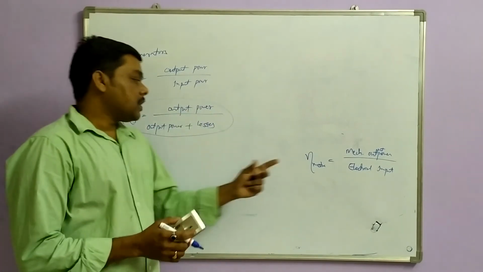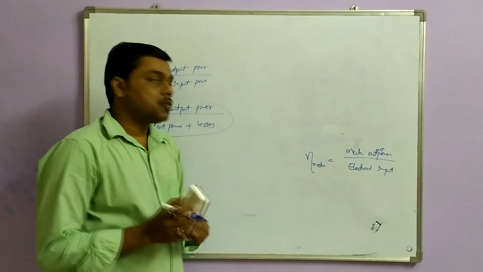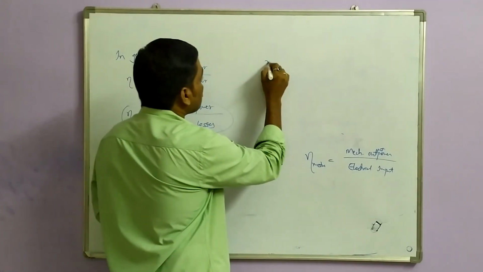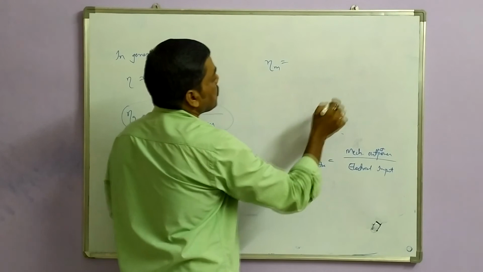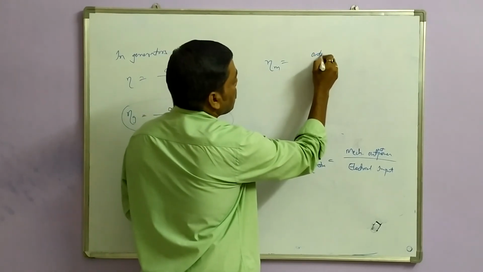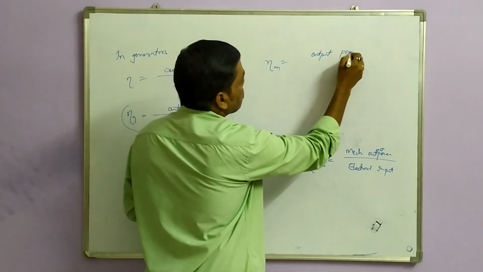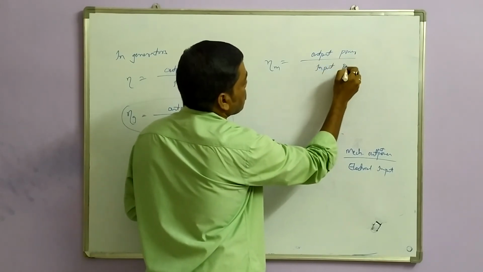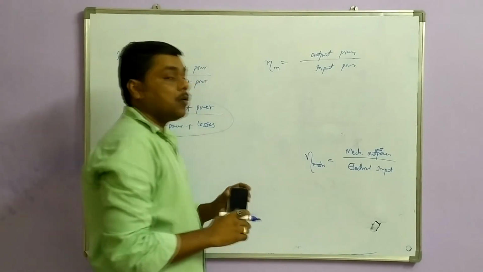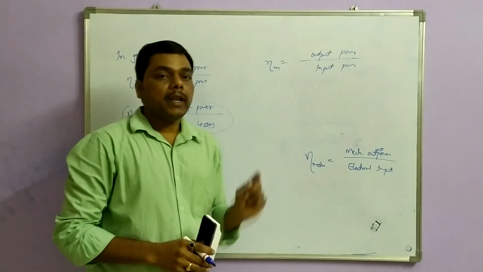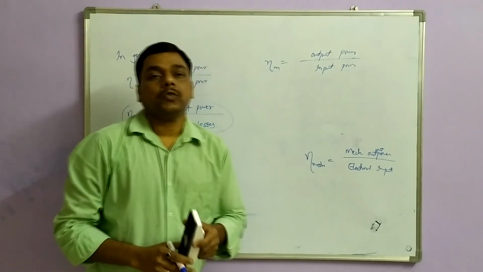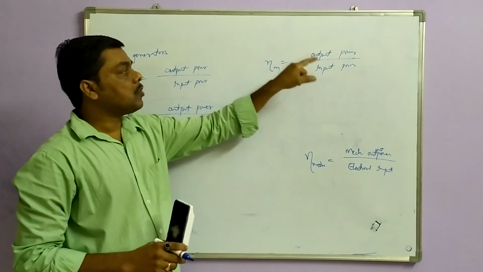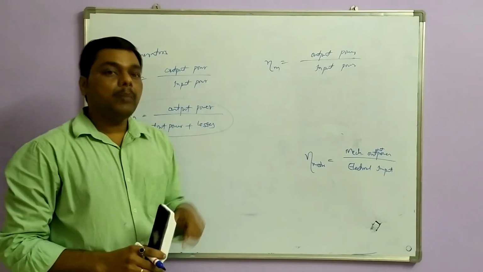Now what is in the case of motors? So for motors also, efficiency of motor is nothing but output power divided by input power. But now input power is electrical quantity and known quantity. So we write output power in terms of input power.